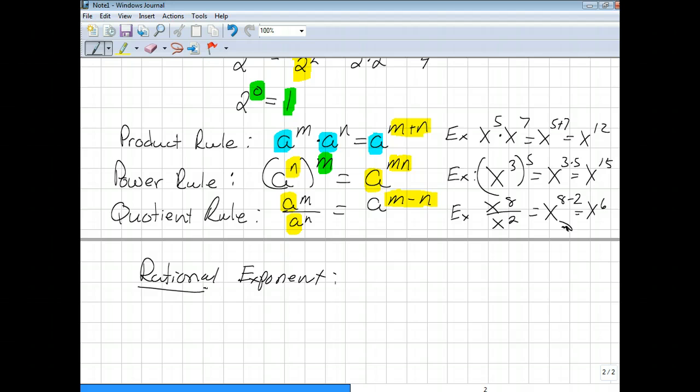So a rational exponent would be something like, well, my base would be 2, and a rational exponent would be, for instance, 3/5. So that's 2 to the 3/5. Okay, so notice that the exponent is a rational number.